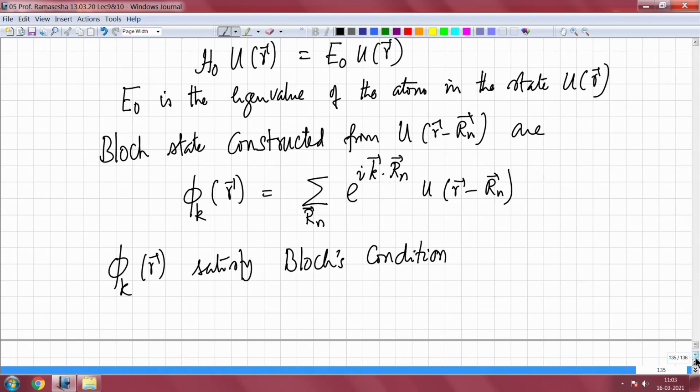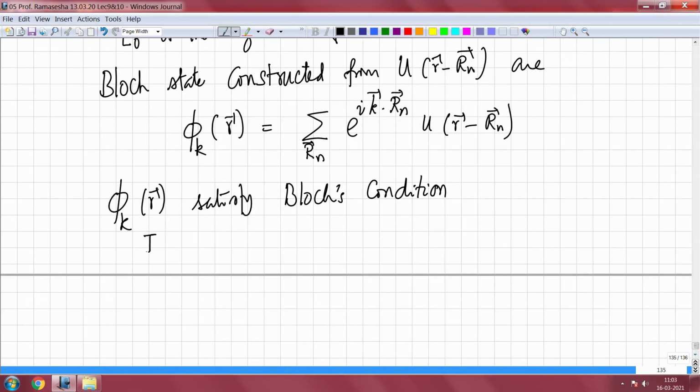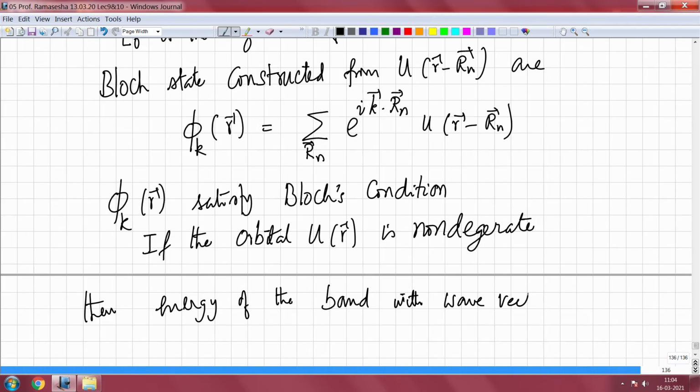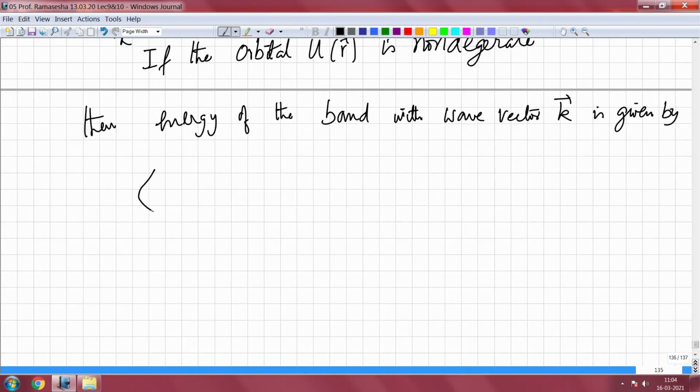So now what we need to do is, if the orbital u is non-degenerate, then the energy of the band with wave vector k, that means the energy of the state k in the band, is given by phi k H phi k.